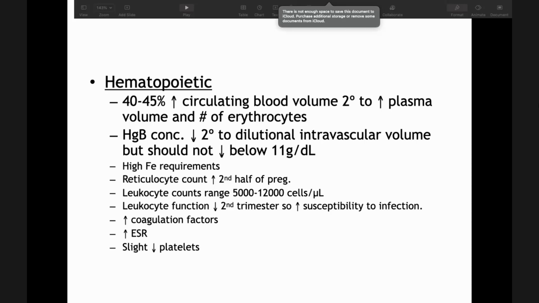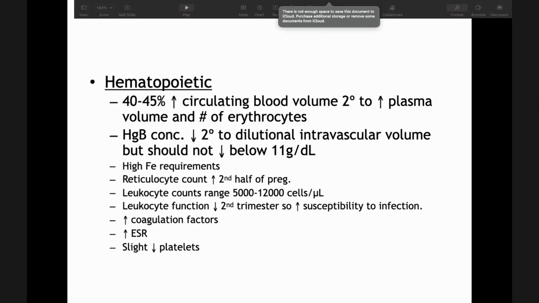So that's why coagulation factors will increase. These changes will show up in the ESR also. We actually don't know why ESR is high, but these changes in the blood system will automatically increase the ESR level.